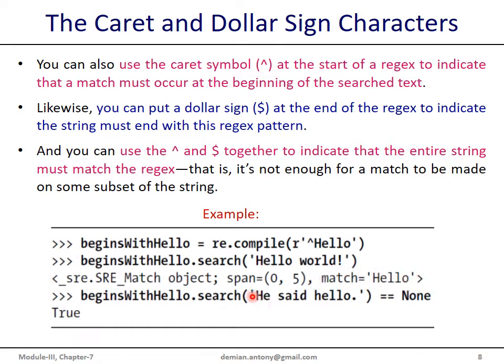And let's take up this second string, He said hello. This will not return a match because hello is not found at the beginning of the text. It is found at the end, or even if it is found in between, it will not be considered as a matched pattern.